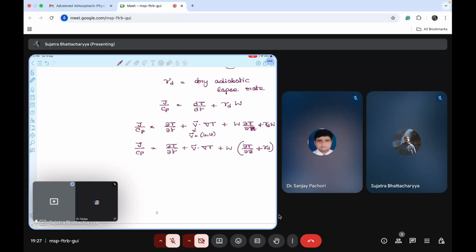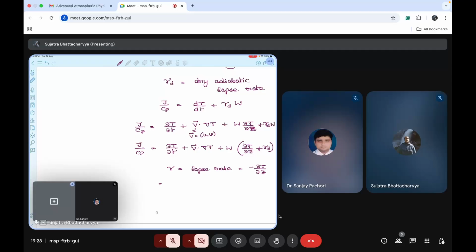Okay, so here we can write delta T by delta z plus gamma d. Now gamma is the actual lapse rate, and that can be written as minus delta T by delta z. It describes how the temperature of any parcel which is not dry adiabatic is changing with height.